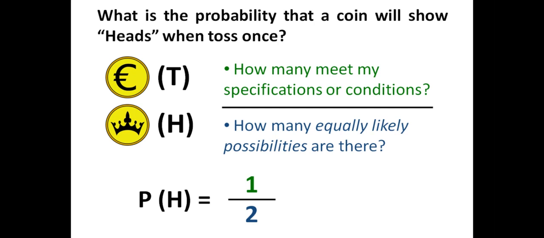In this case, it would correspond to the sides of one coin. And we would get a probability of 0.5, which, if we expressed the result in percentage, would be 50%.